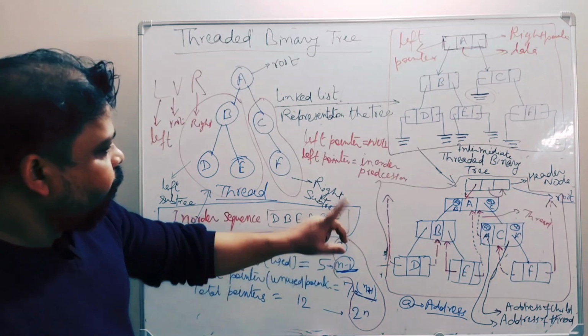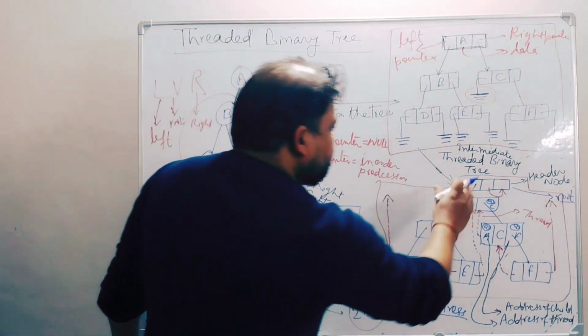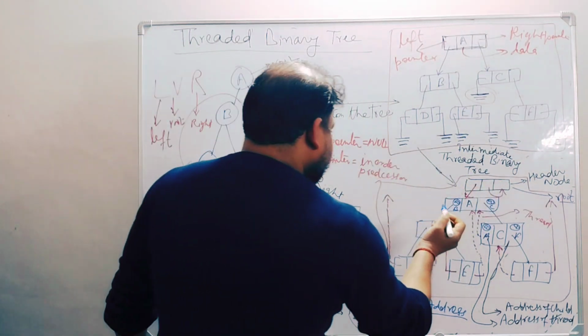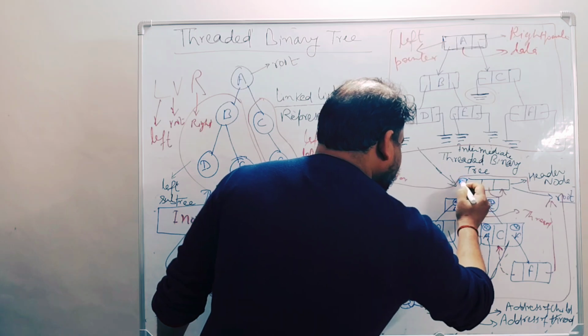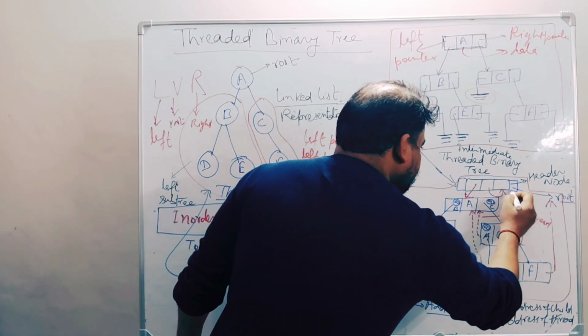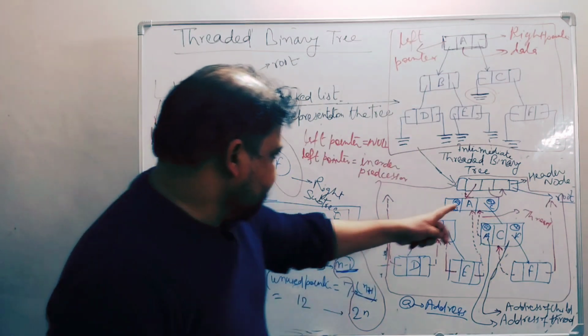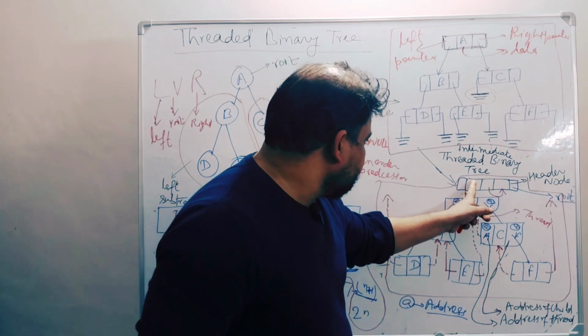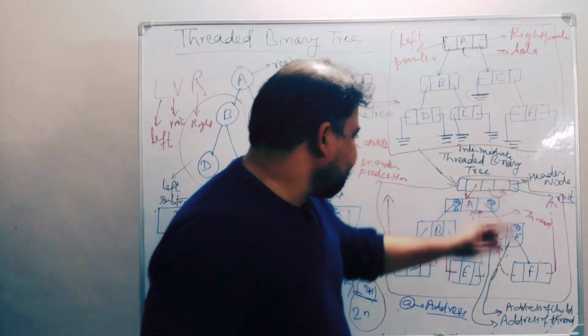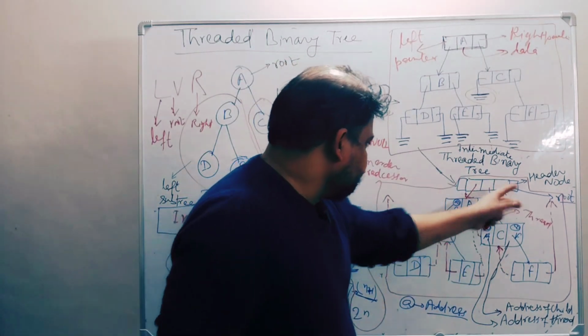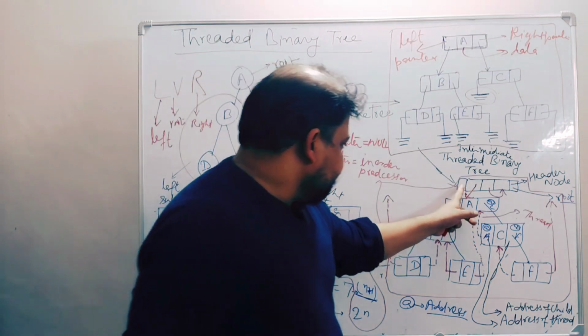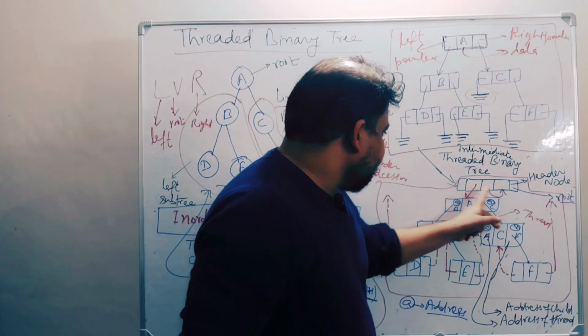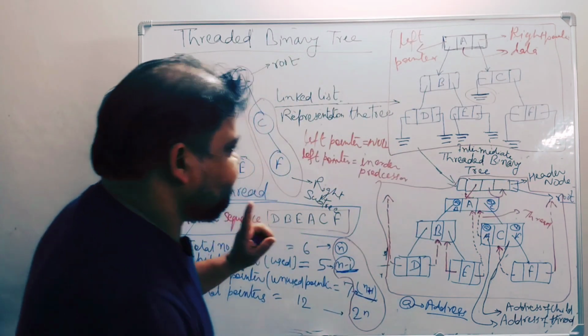Both scientists suggested increasing the fields by 2. So I am adding 2 fields over here. This is the data field, this is your left child field, this one is the right child field. After adding 2 fields, this one will be the left thread, and this one will be the right thread.